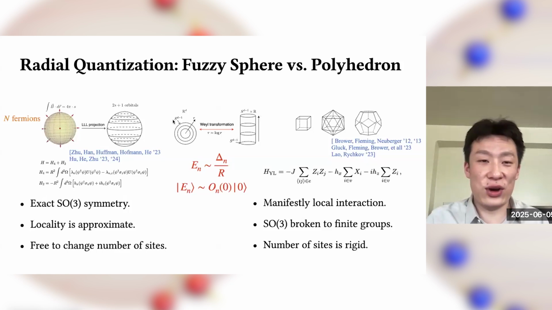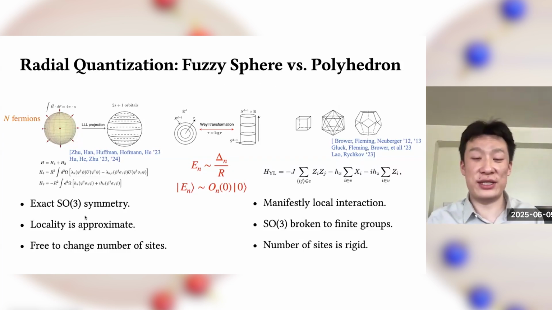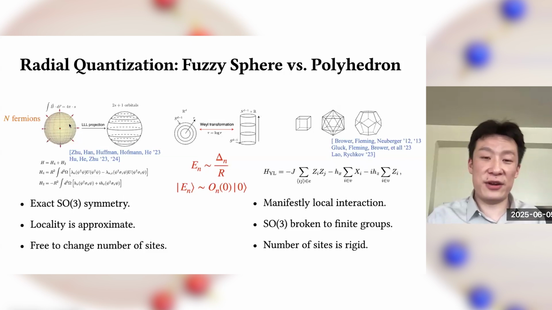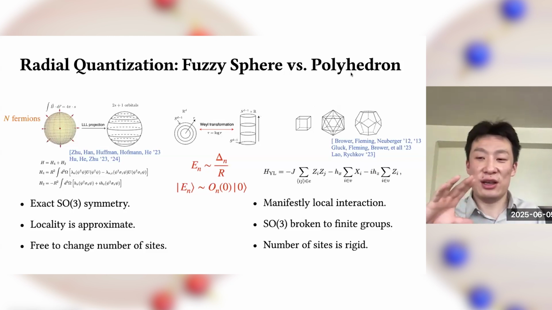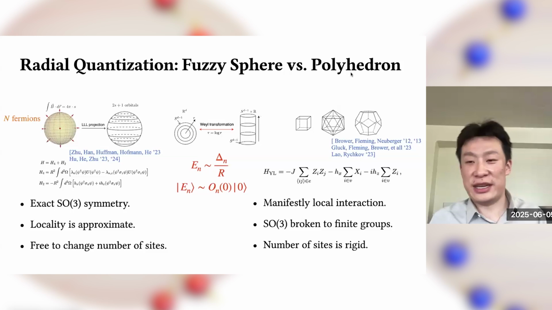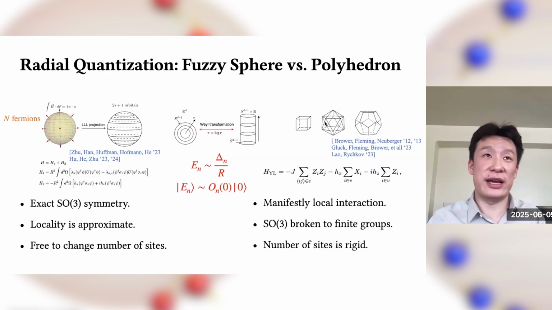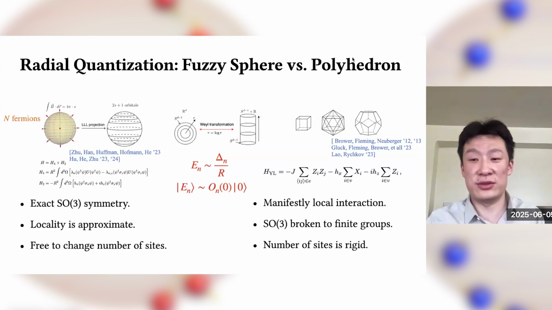Before I end, I'd like to also mention that in order to achieve real quantization, one way is to use the fuzzy sphere, which gives us exact SO(3) symmetry, but sacrifices locality a little bit. It's a very nice model. On the other hand, we can also just use an explicit geometry, but tessellate the sphere and get the polyhedron, and then actually realize the explicit lattice model on the polyhedron.